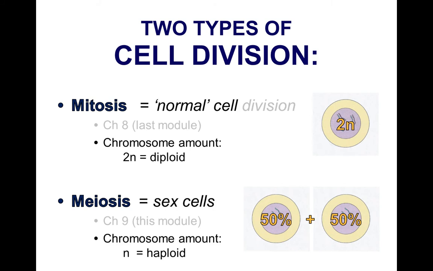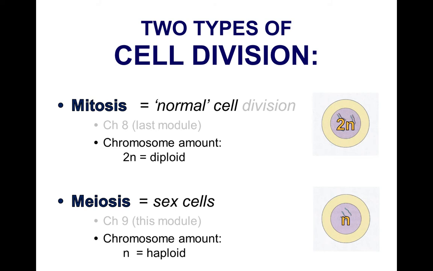Otherwise, the cell's nuclei would get more and more cramped with DNA and all sorts of genetic problems would arise. So each sex cell carries half of the genetic material, and now they are known as being haploid, symbolized by letter N. You will notice that just as 50 plus 50% makes 100%, N plus another N makes 2N.